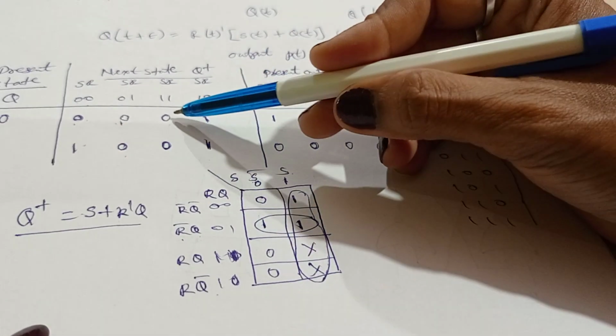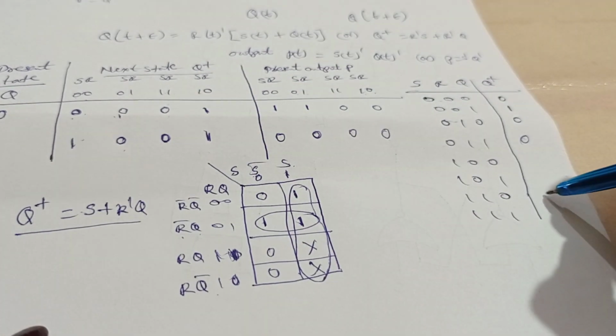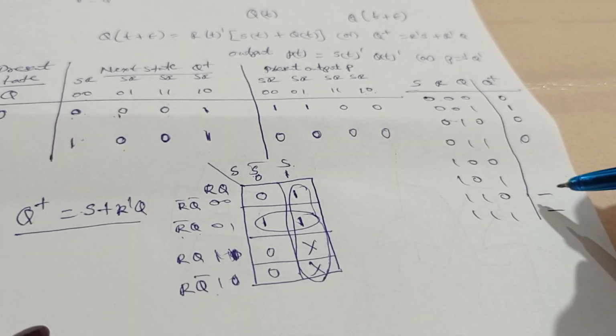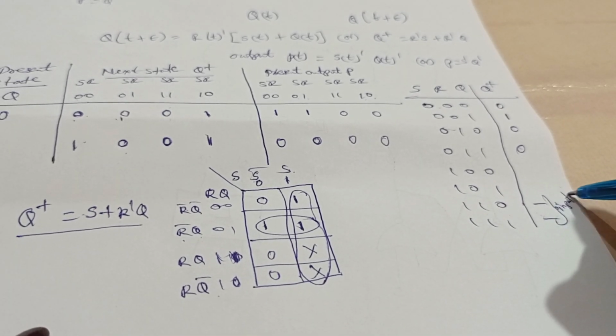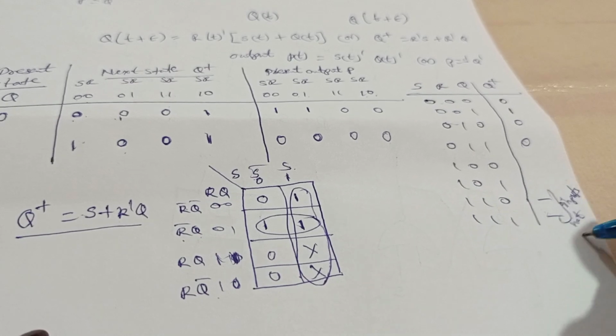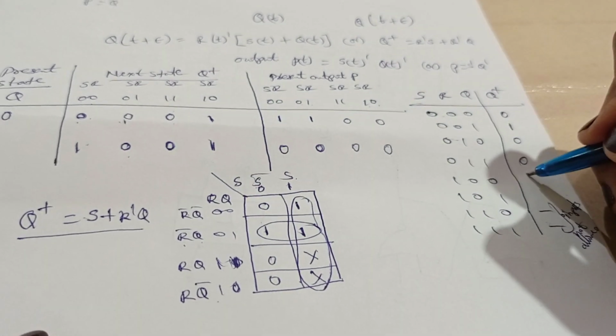Actually this is for 1, 1, not allowed. So here you mark it as inputs not allowed. And next 1, 1. This is the truth table.